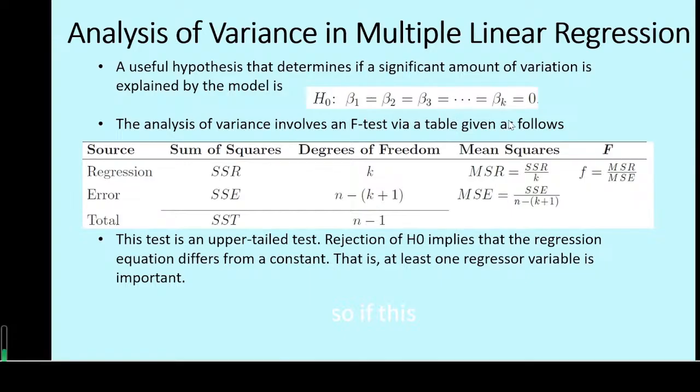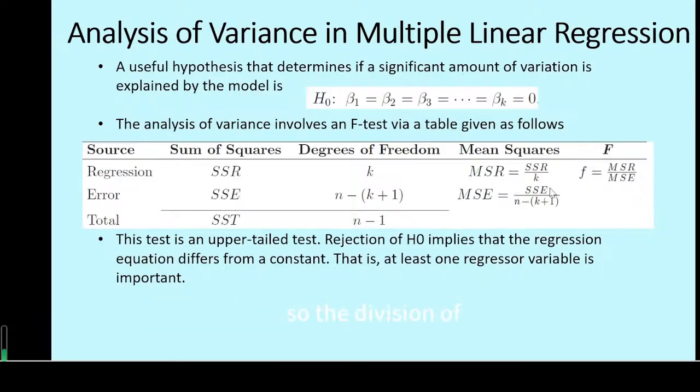If this is true, then SSR and SSE have degrees of freedom, and we divide SSR and SSE by their corresponding degrees of freedom. These are called mean SSR and mean SSE. Under this assumption, SSR and SSE follow chi-square distributions.